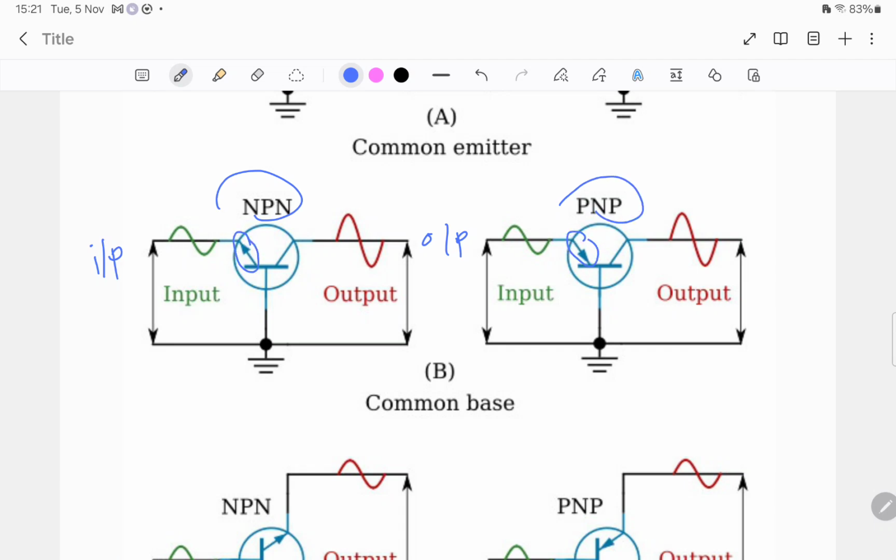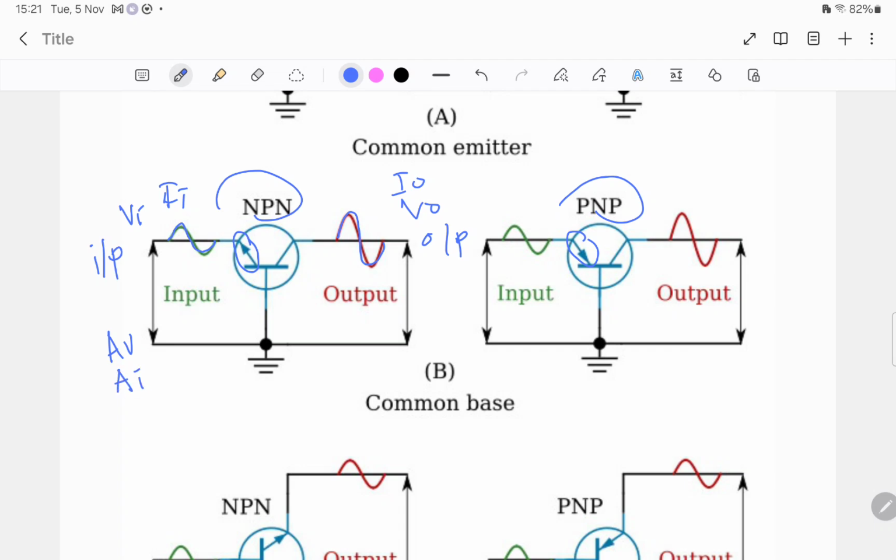Okay, input and output. And if we have this input signal, this one will be the output signal for NPN and PNP. Okay, and here there will be V in, here is V out, here is I in and also I out. Okay, so from there we can get the AV and also the AI.